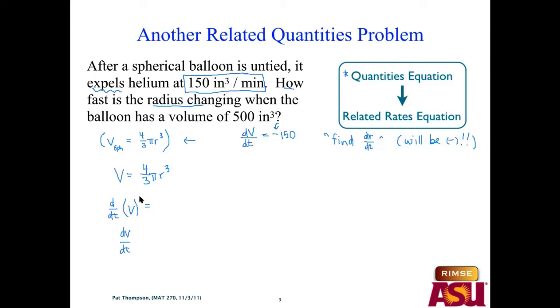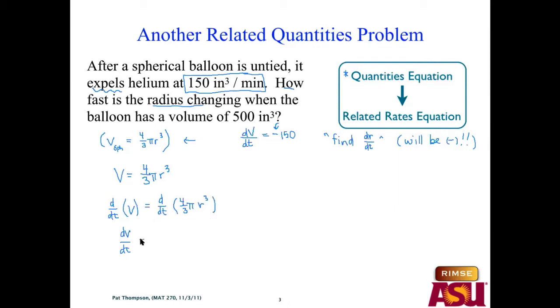The units give it away. It's cubic inches per minute. Notice that the units match up with the fraction form here: changes in volume, changes in time. Cubic inches, minutes. All right, so right-hand side, taking the derivative with respect to t of something that doesn't involve any t's. 4/3 and pi are constants. r is the thing that's a variable that changes over time.